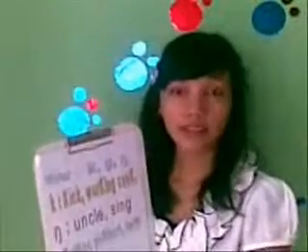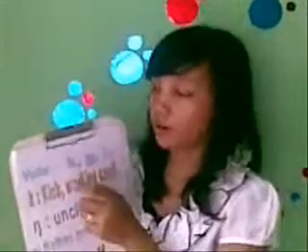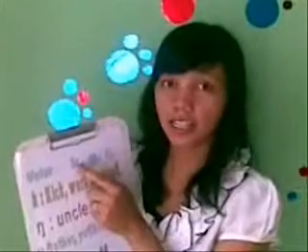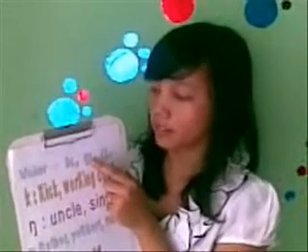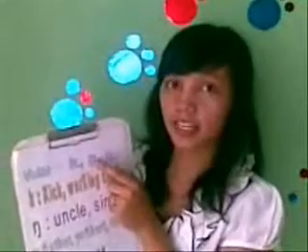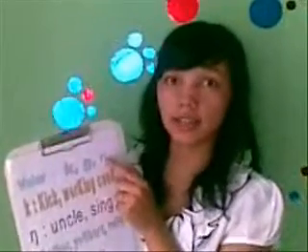Okay, the next place of articulation is velar. Velar is touching the back of the tongue to the velum. For example, k, g, and ng.